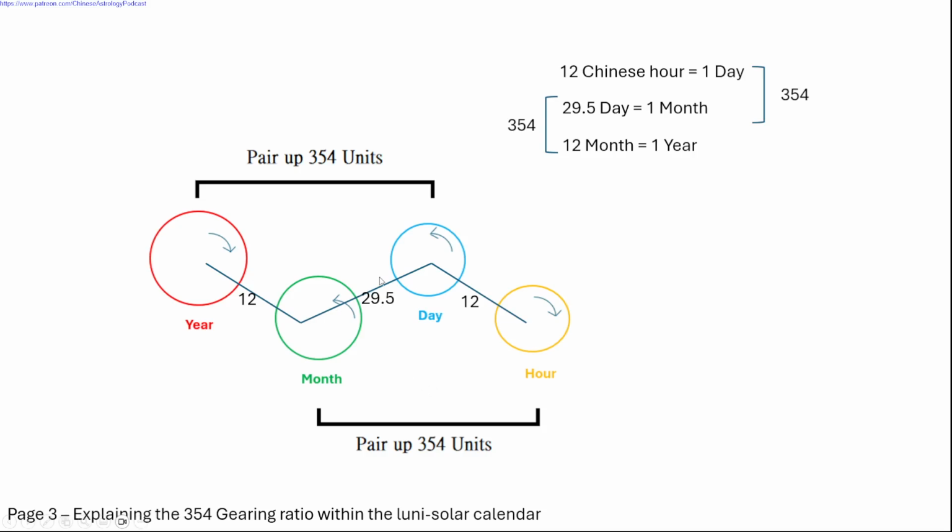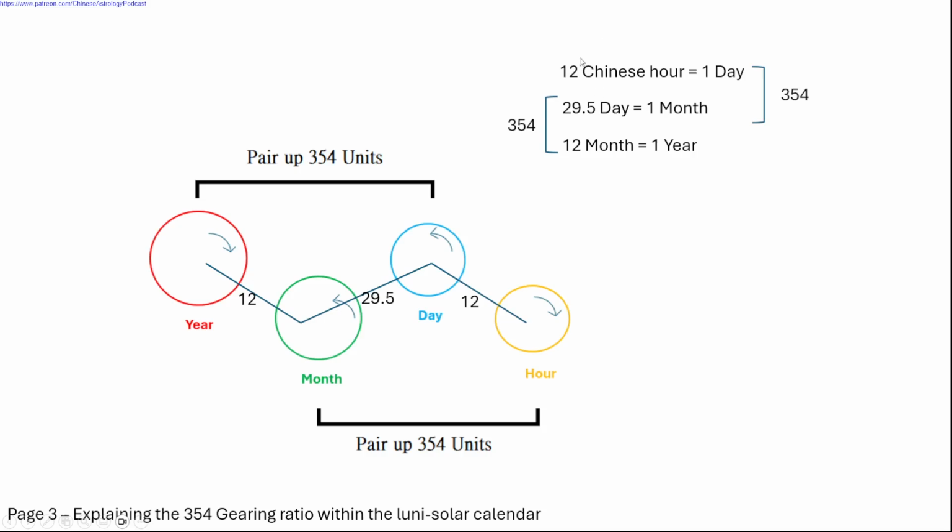For Chinese astrology, in the definition of 1 year, the time units among hours, days, months, and years provide the gearing ratio, in which 12 Chinese hours equal 1 day, and then the synod period of the sun and the moon, which is around 29.5 days, equals 1 month.